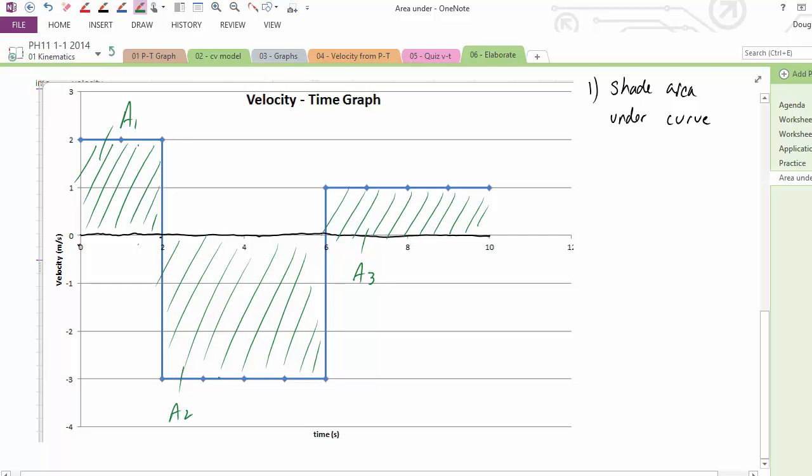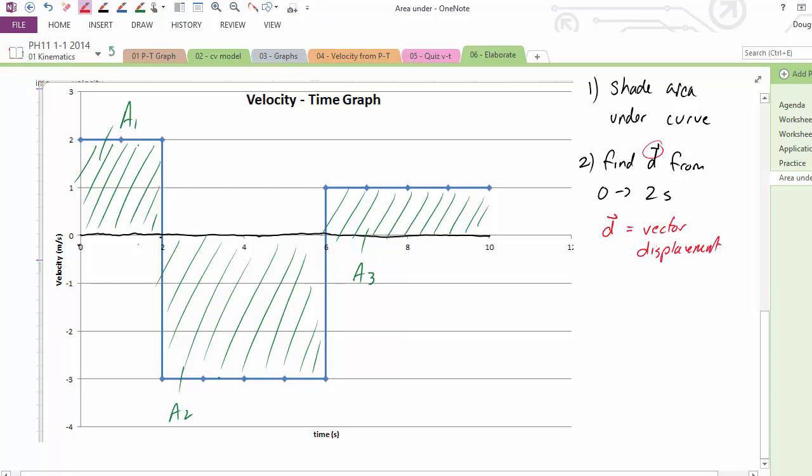Okay, next task we could find, maybe we'll use black here, easier to see. Find displacement from 0 to 2 seconds. Just as a reminder, we had this in one of our initial notes. That symbol there, if you put the arrow over top, that's a vector. It's displacement.